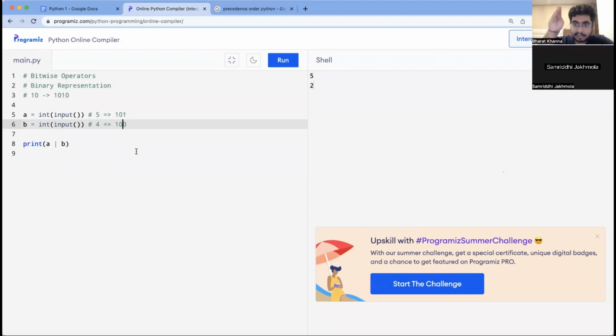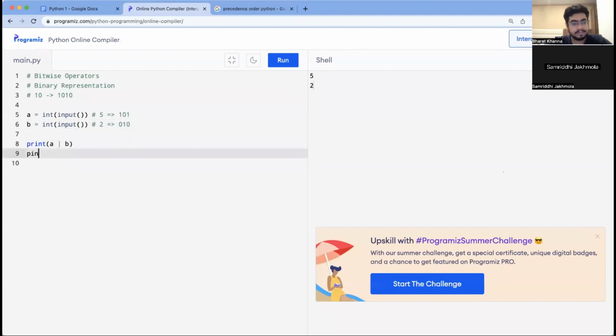So you look at every bit. If that bit has any one as 1, then the result also has 1 there. Does that make sense? So for 5 and 2, we'll get 7. Okay. Let's also evaluate AND. So what happens in AND?